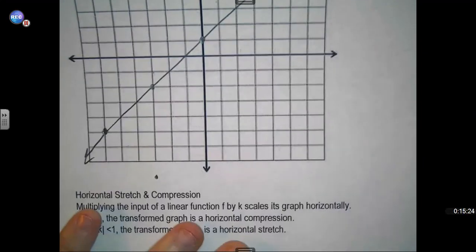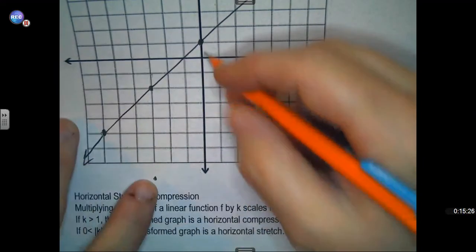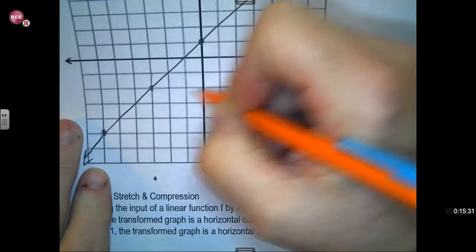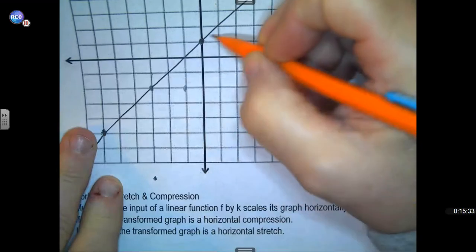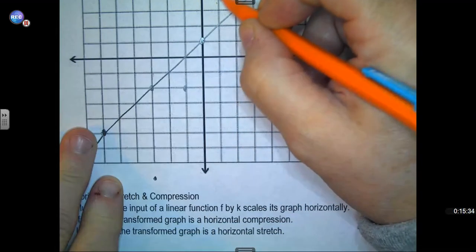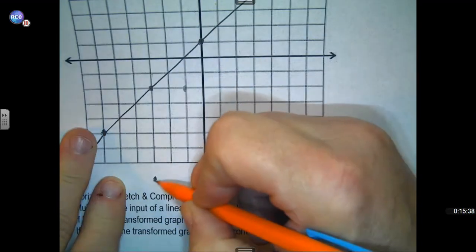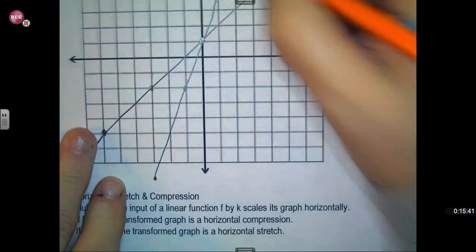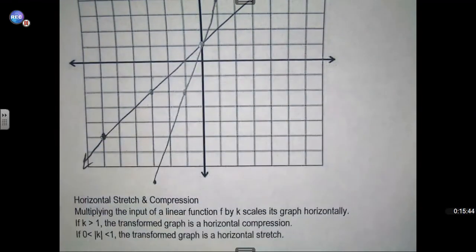Okay. Just going to add another couple points here to help, just using slope. So there's that graph.